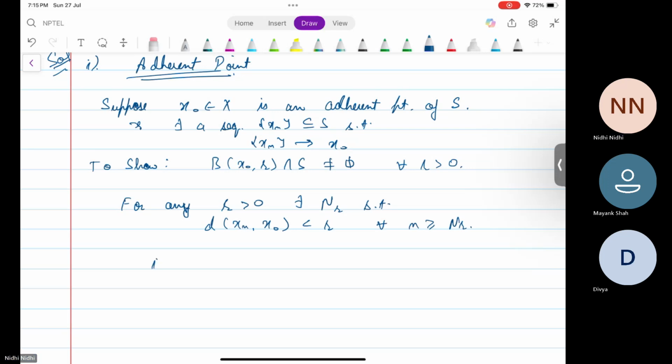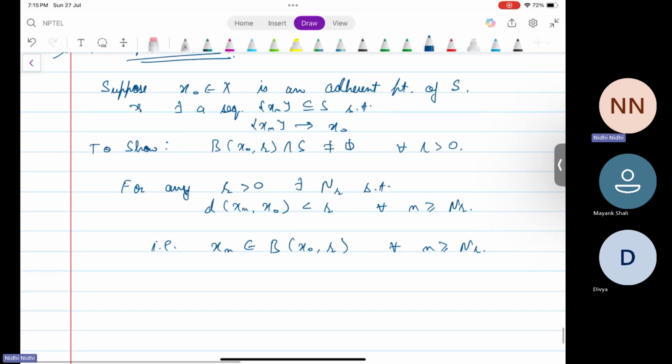That means this xn belongs to the ball around x naught of radius r for every n greater than or equal to nr.